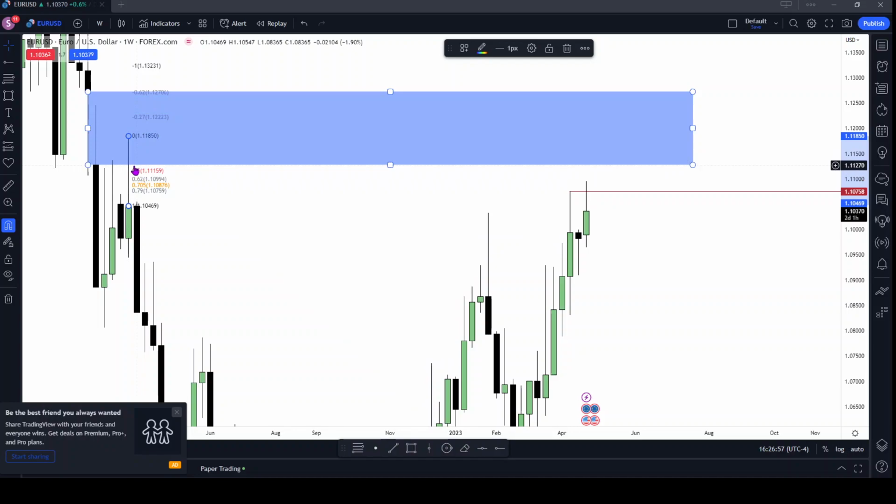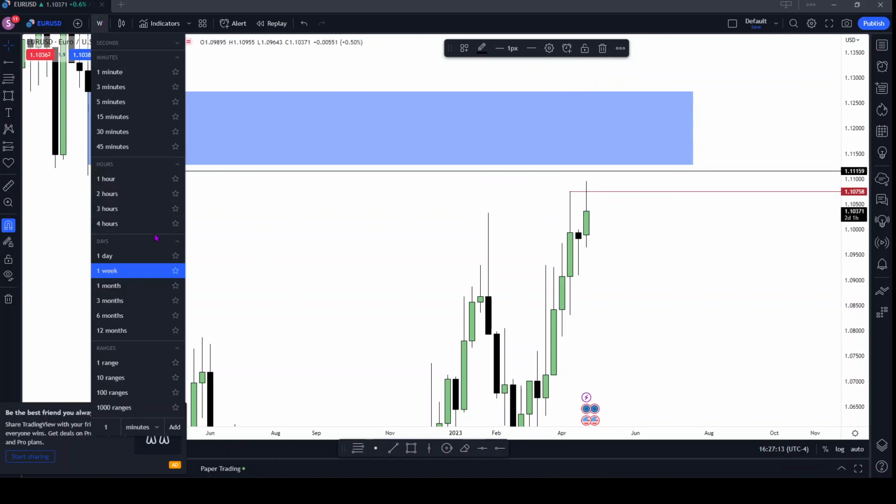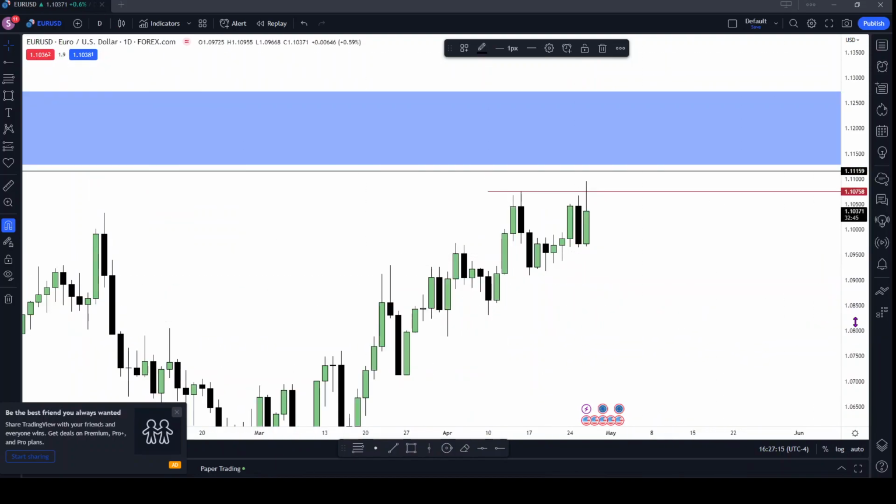And I will also mark the 50% of this wick as a potential target, 1.1159. That's consequent encroachment. And we'll drop down to the daily and see.